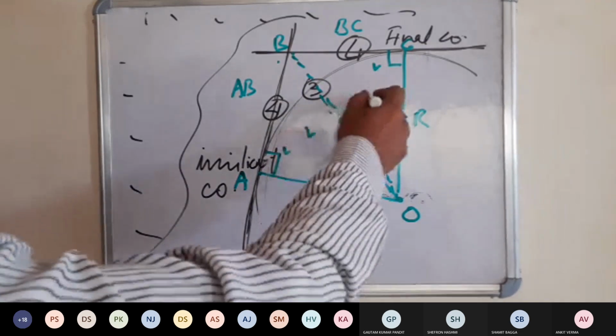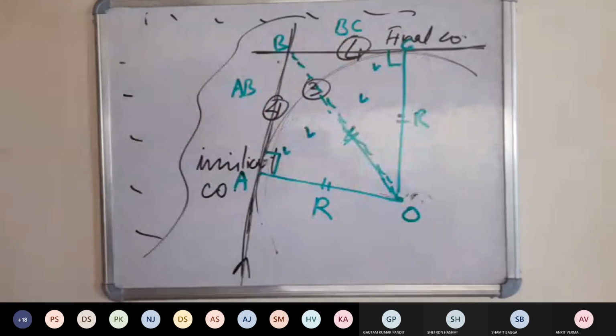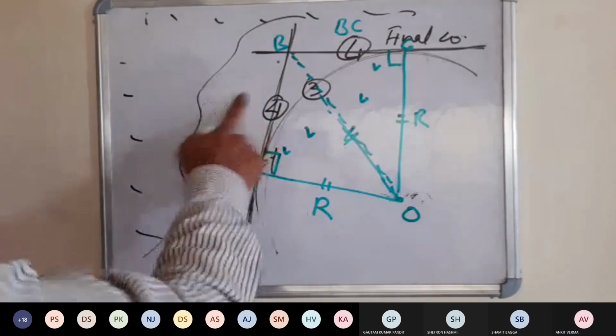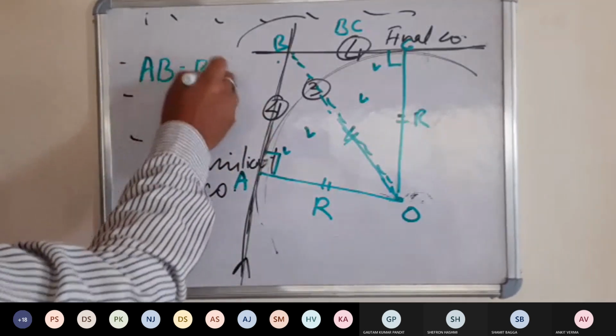So are ABO and BCO congruent or not? Yes, sir. That means here we can say that AB is equal to BC.